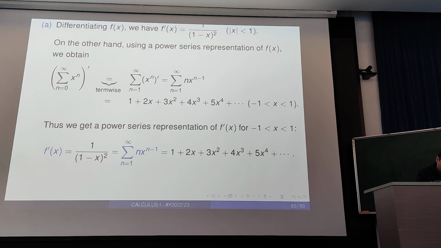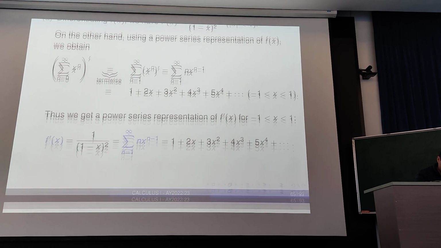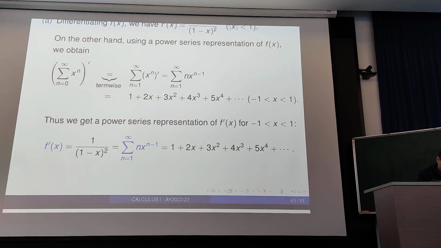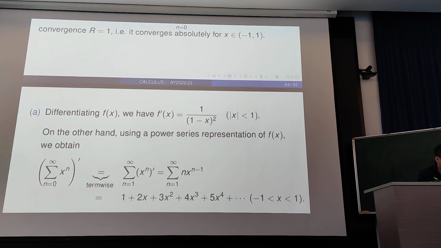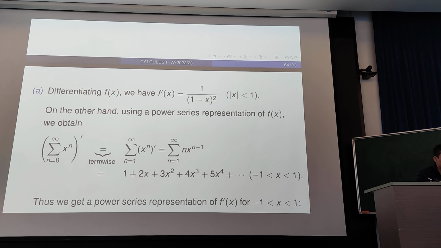So that means you see for this function you have this power series representation. Right? That is also the proof of this representation for this function. So that means if you are asked to find the power series representation of this function, you might think about using this method of differentiation. Okay?